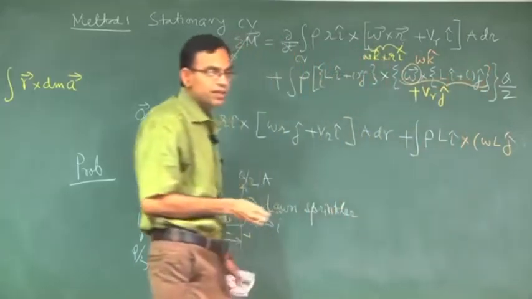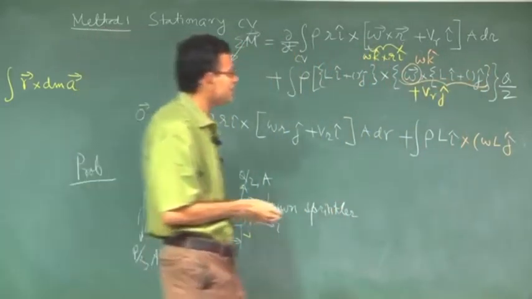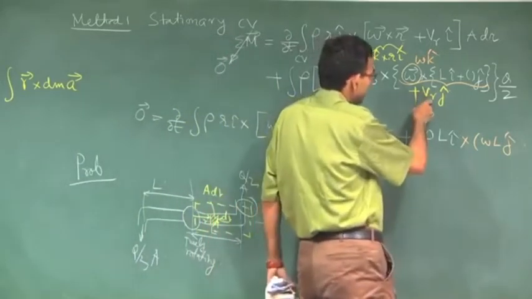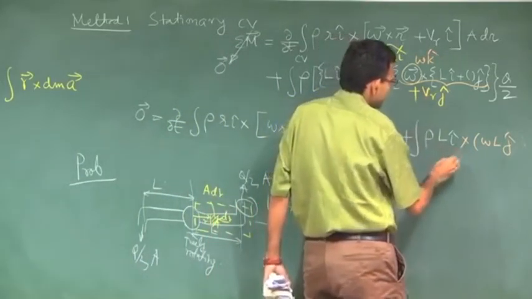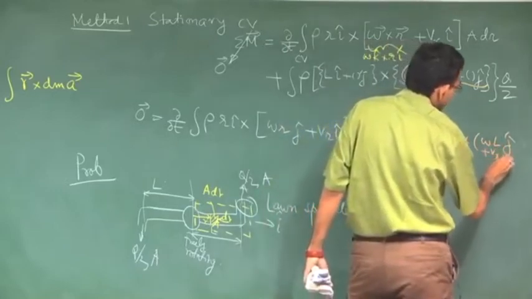The small board makes it very difficult to write everything. So this is separate, right. So plus Vrj, right.